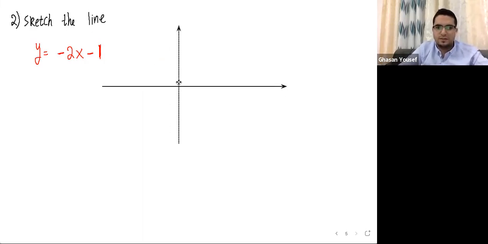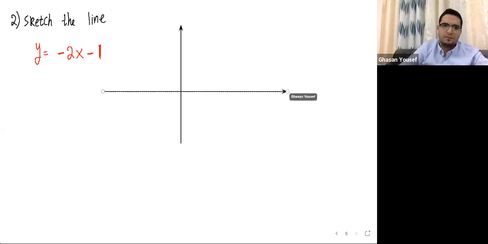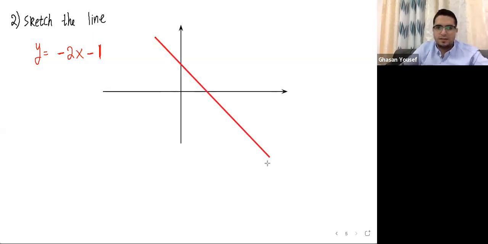What is the y-intercept? What are the y- and the x-intercepts? You plug 0 into the equation to get the y-intercept, which is minus 1. Or it's my b. My b is the y-intercept.